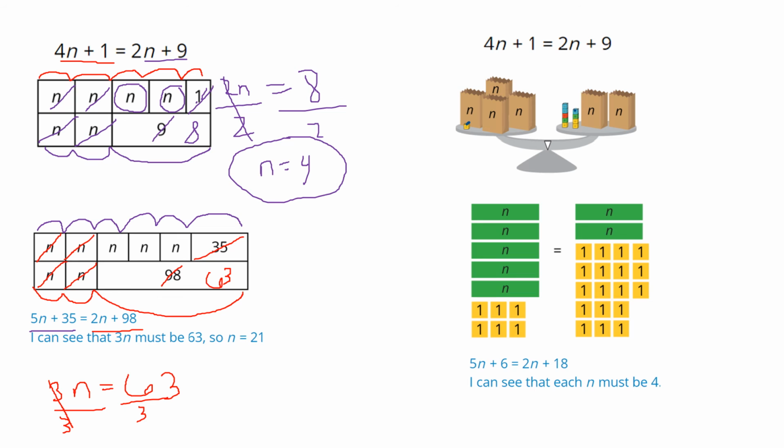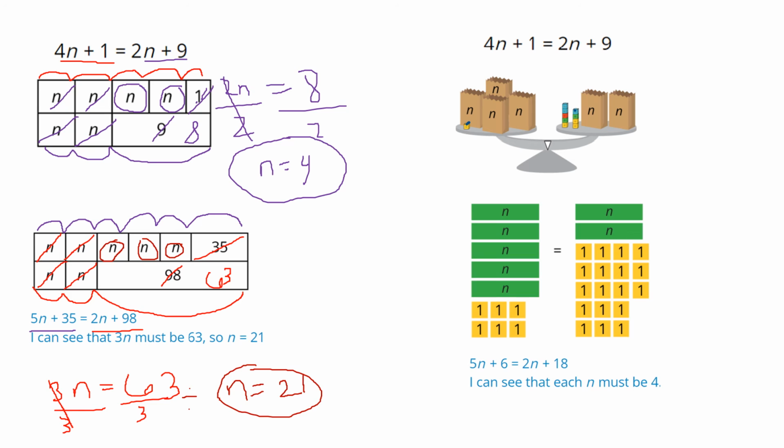We'll put it over here. So n equals 63 divided by 3, which gives us n equals 21. So that tells me that there's going to be 21 in this n, 21 in this n, and 21 in that n to balance my equation. And that will give me 63 on the top and 63 on the bottom.